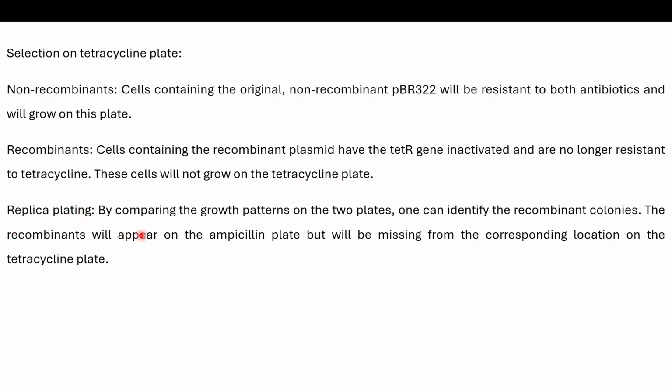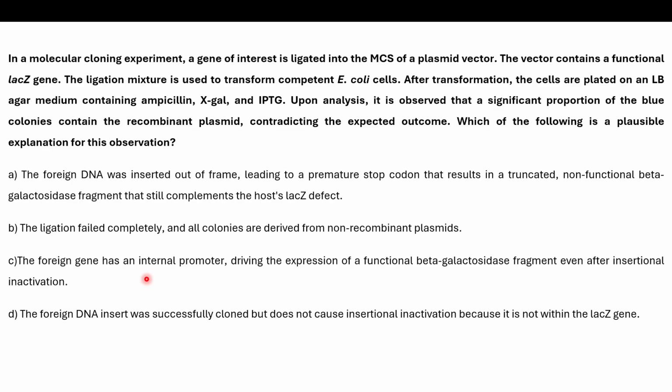After replica plating, by comparing the growth patterns on the two plates, one can identify the recombinant colonies. The recombinants will appear on the ampicillin plate, but will be missing from the corresponding location on the tetracycline plate.